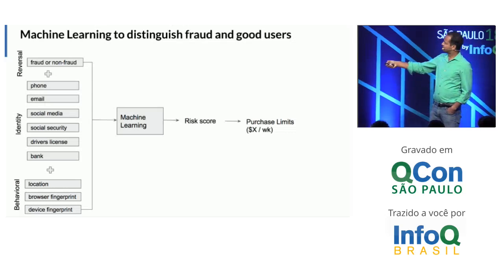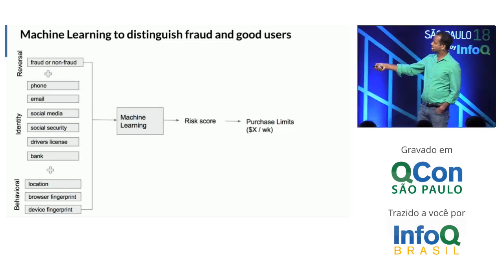And then we gather signals about the account when they are signing up. Everything about the account, like the phone number or the email address, we use that to look up who this phone number is registered to. What are the other social identities linked to this email address? What is this Facebook account? What is the LinkedIn account behind it, etc. Then we take the social security number and find out the name, address, etc. associated with it.